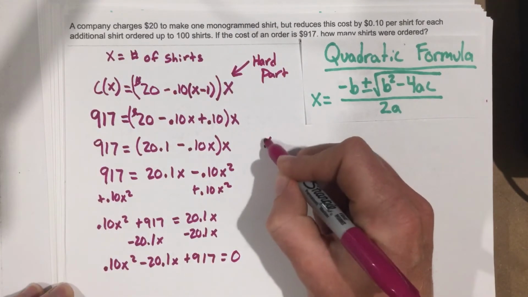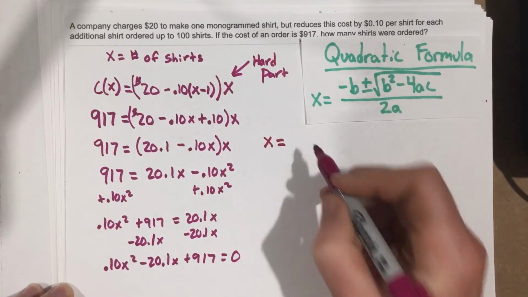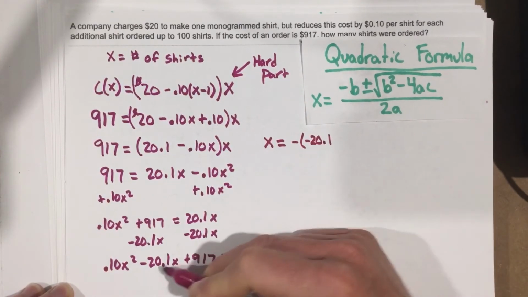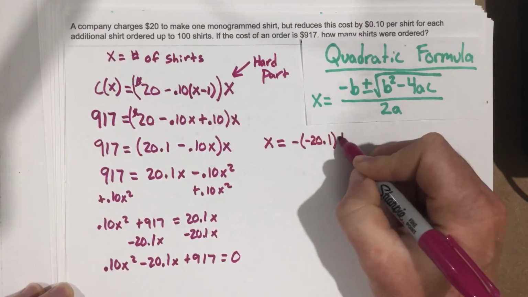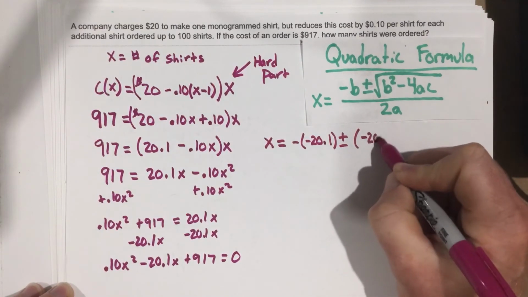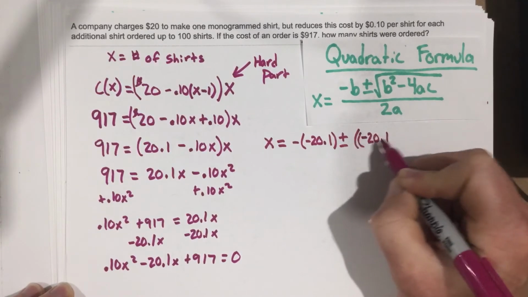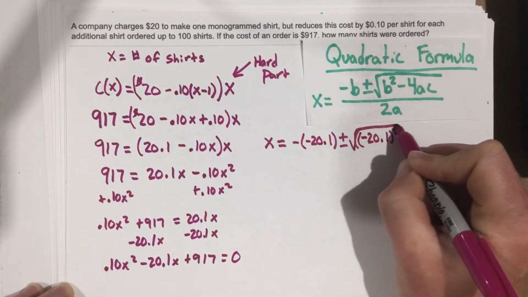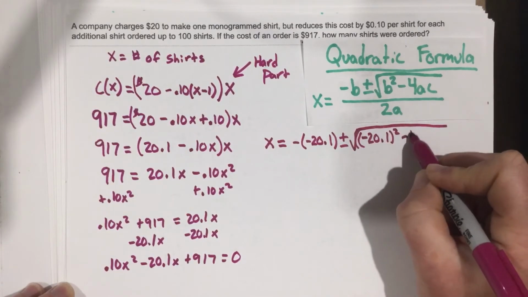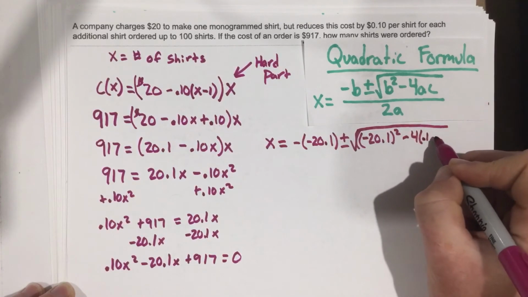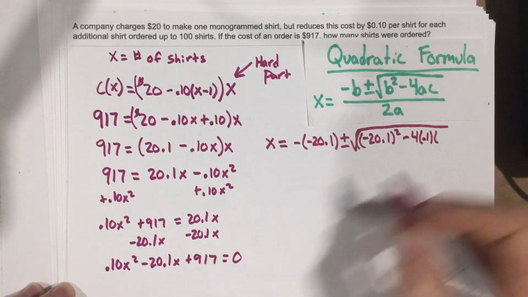So x is going to equal negative 20.1, because that's b, right? Plus and minus the square root of negative 20.1 squared, and this should be a root, my bad, minus 4 times a, which is 0.1, times c, which is 917.